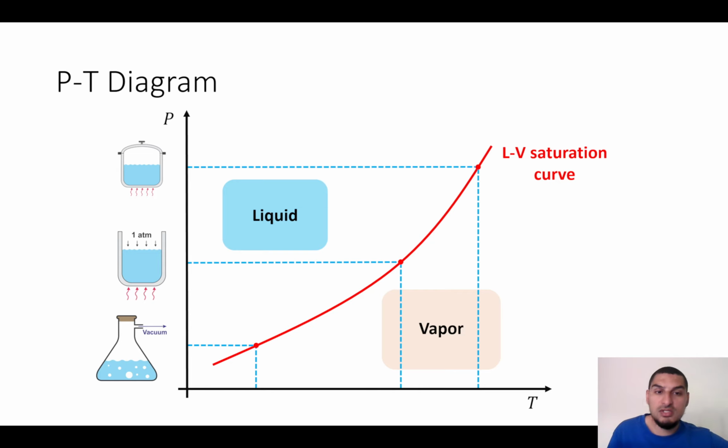We mean saturation because if you remember, two videos ago, we said that the liquid that is about to evaporate is called saturated liquid, and the vapor that's about to condense is called the saturated vapor. So this is the saturation curve because it's where the liquid is saturated and where the vapor is saturated. So this is what we have now as a crude idea of the PT diagram.